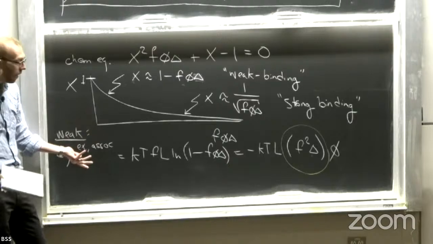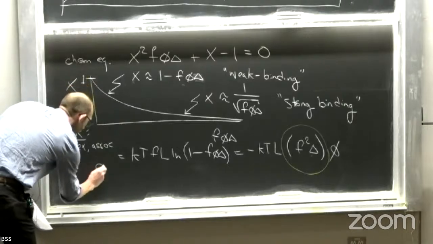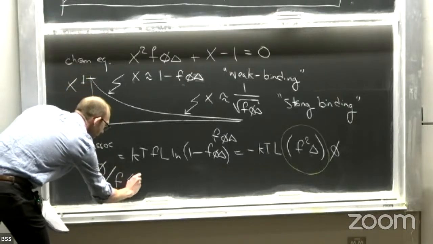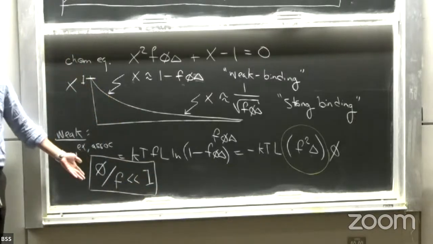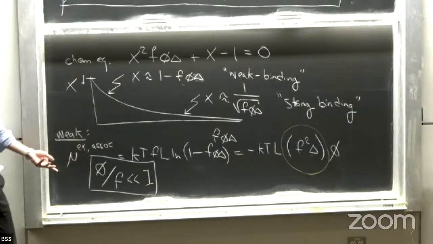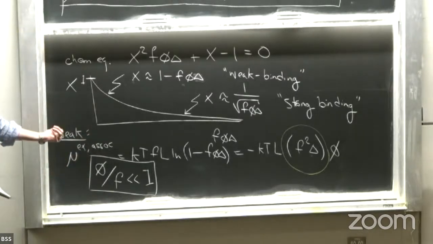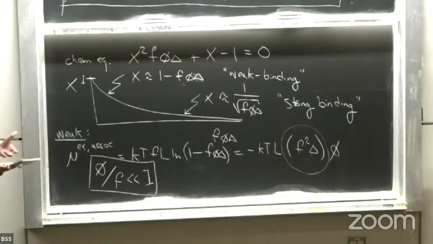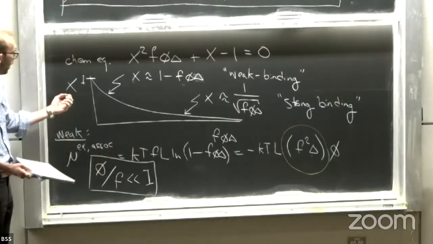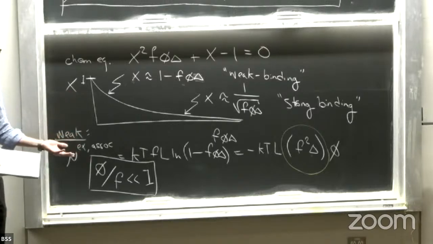And so if you put those two things together, you realize that this only works if you have phi over F much less than 1, right? Which simply says that I need to have very long polymers with very many binding sites in order for this to work, right? So the correspondence between these two models only works in this long polymer limit when you have lots of different binding sites, because then you can still have phase separation with any individual binding site having a low probability of actually forming any sort of associative bond.